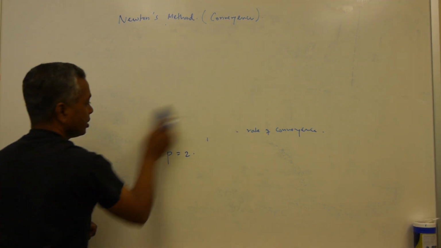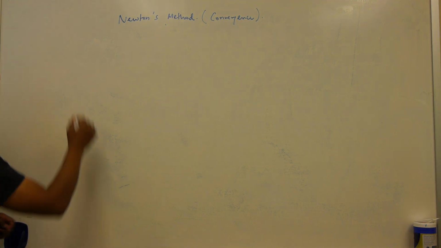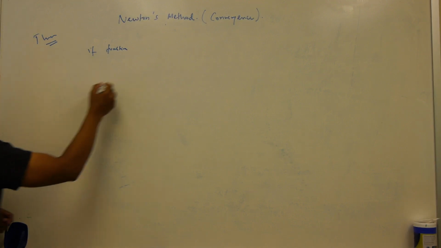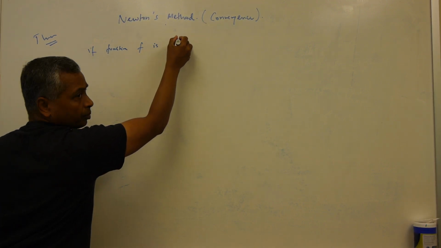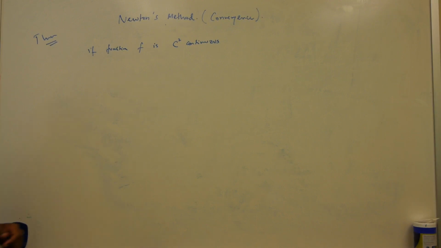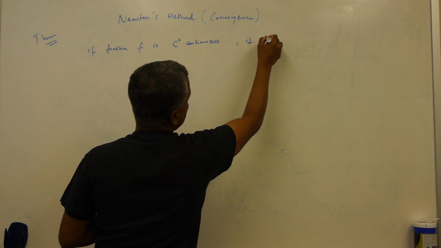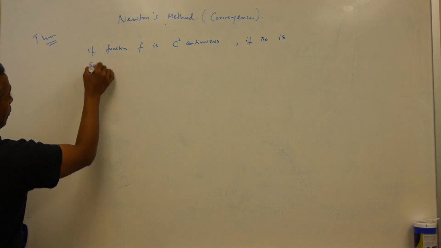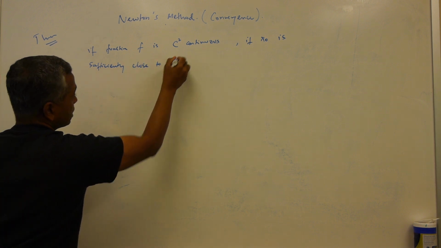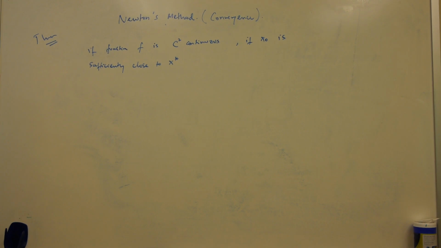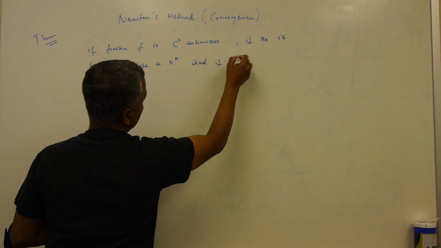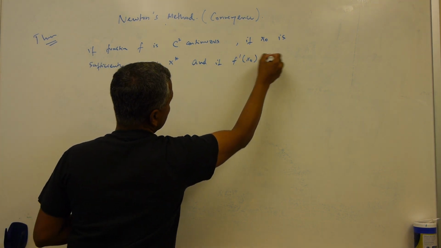So what I'm going to say is, if function f is C2 continuous, if x0 is sufficiently close to x star, and remember, x star is the true solution, and if f prime, the derivative at x0, is not equal to 0.